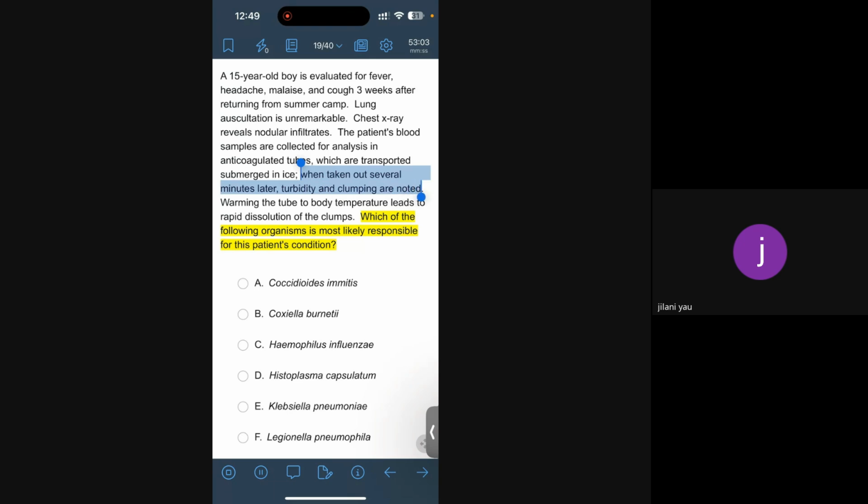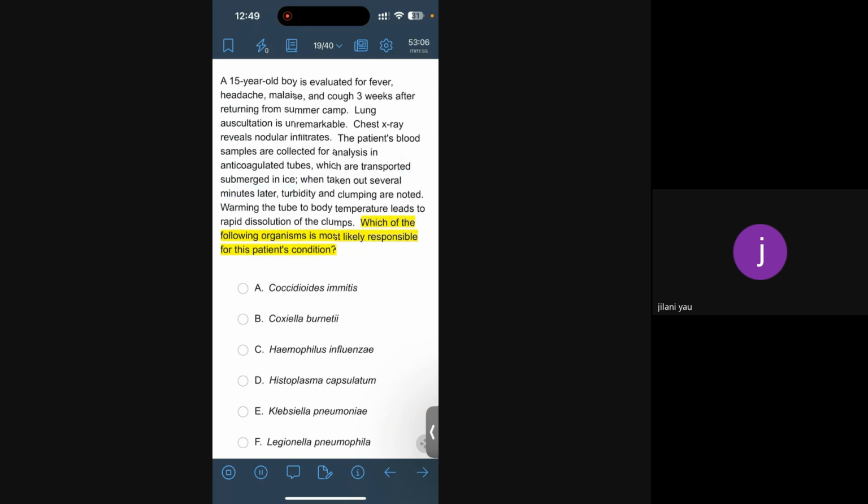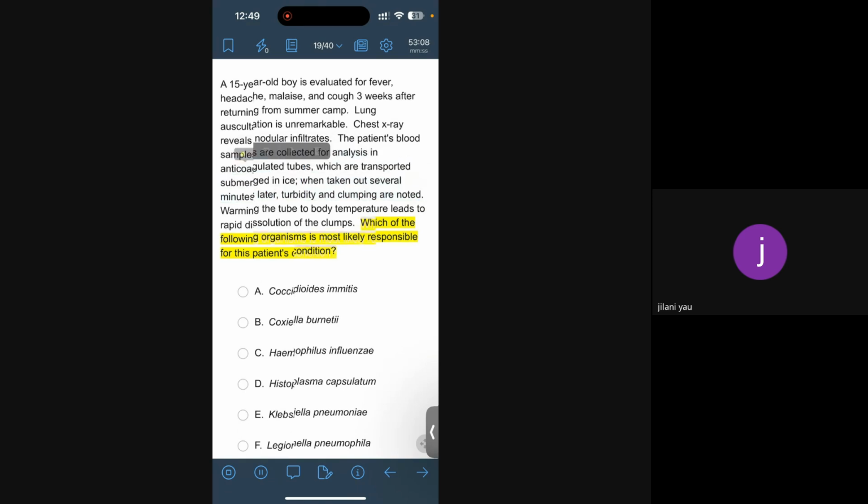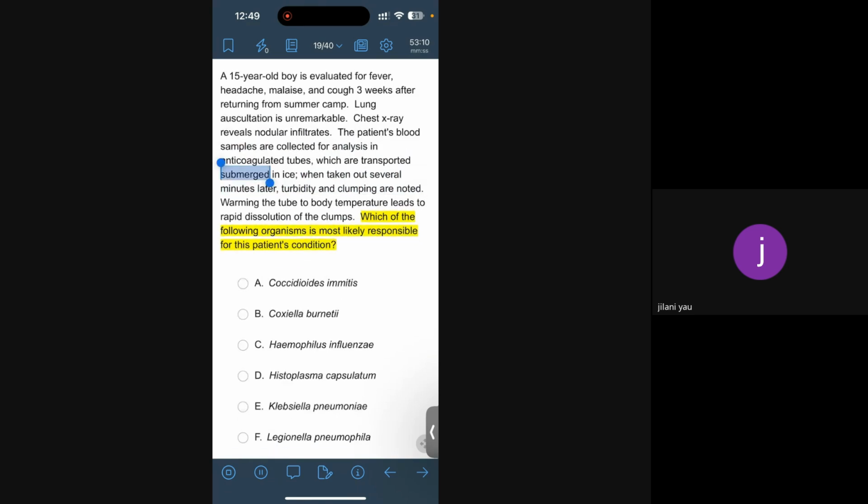When taken out, they are submerged in ice. Warming the tube leads to rapid dissolution of the clumps.